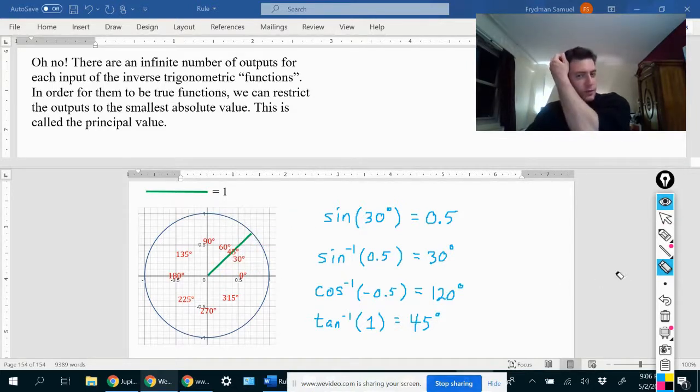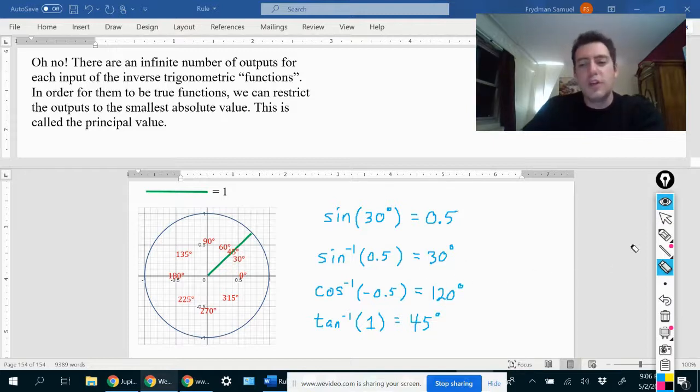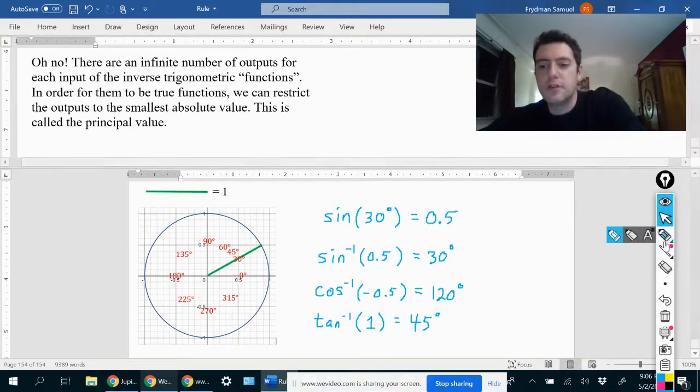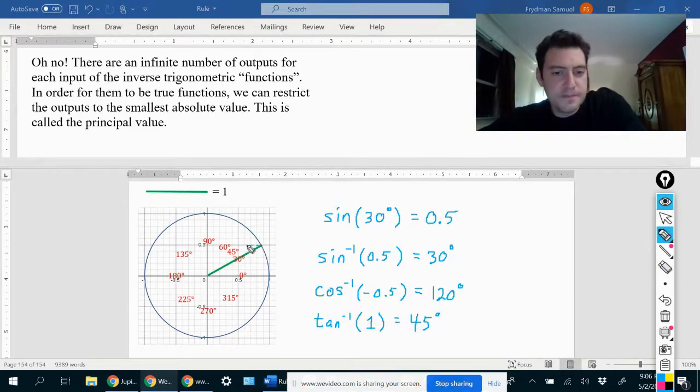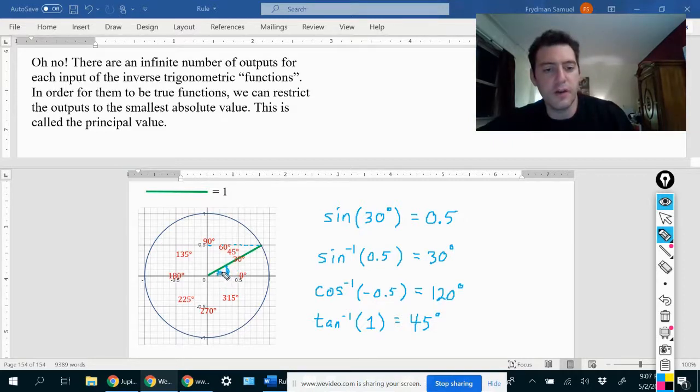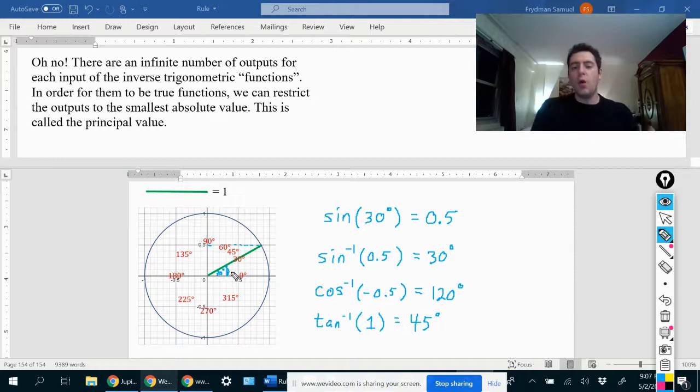Pause the video, try thinking of what other angle would give us, just like over here, when we go through 30 degrees, the y-coordinate is 0.5. What angle other than 30 degrees would give us a y value of 0.5? So pause the video and see if you can find it.